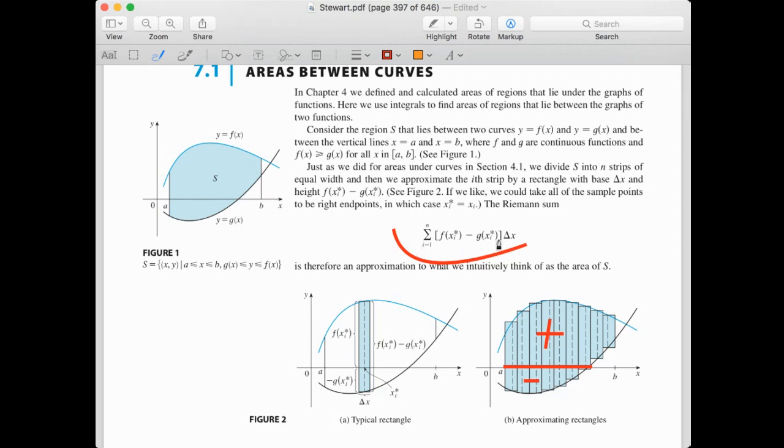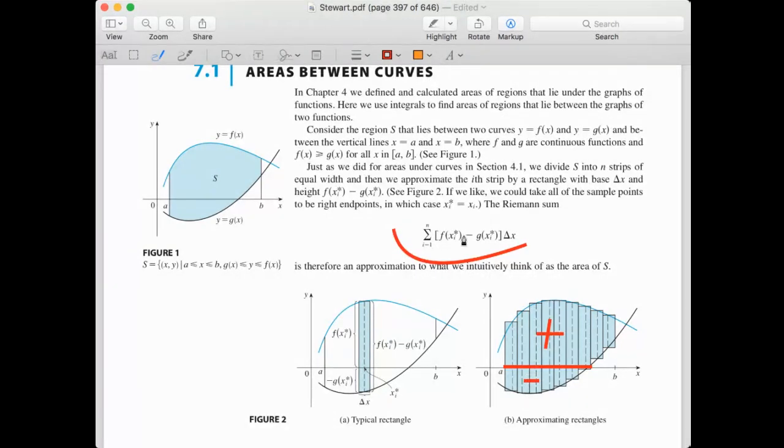One summation sign, where the change in x is a common factor, the width of each rectangle. Only the difference is the height: we have f evaluated at a certain point, subtract g evaluated at the same point.